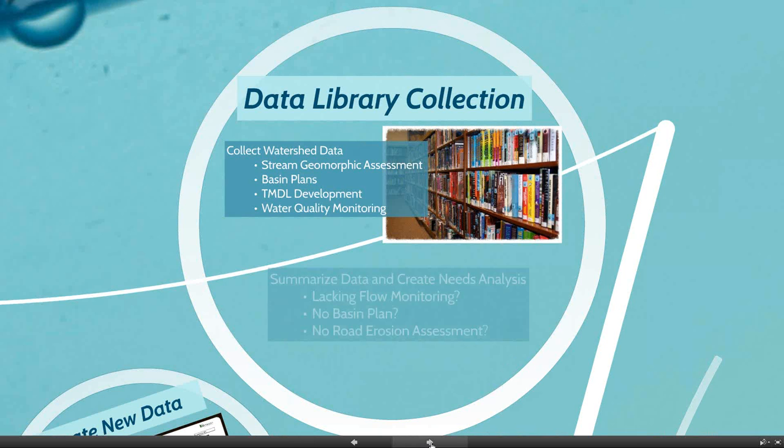And by that analysis, you could determine if there is a need for flow monitoring, a basin plan, or something like a road erosion assessment. If one hasn't been done at all, you basically know that you're at square one with that assessment when you start.